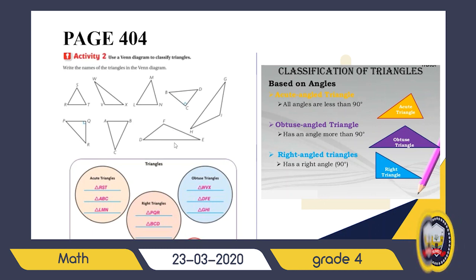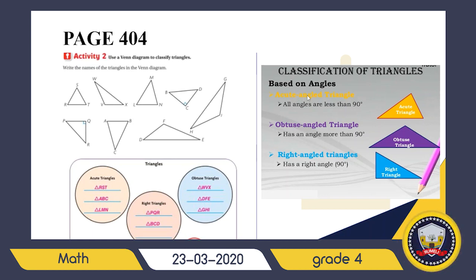When I check the last shape, triangle DFE, I can see an obtuse angle here. If there is an obtuse angle, it is an example of an obtuse triangle. So I write it under obtuse triangle. Triangle DFE is an example of an obtuse triangle.